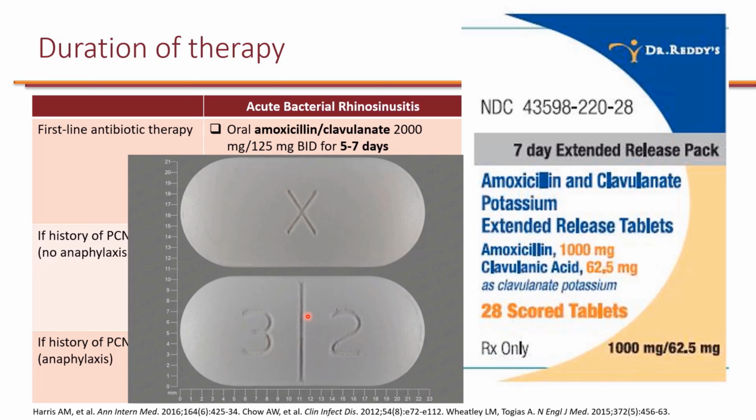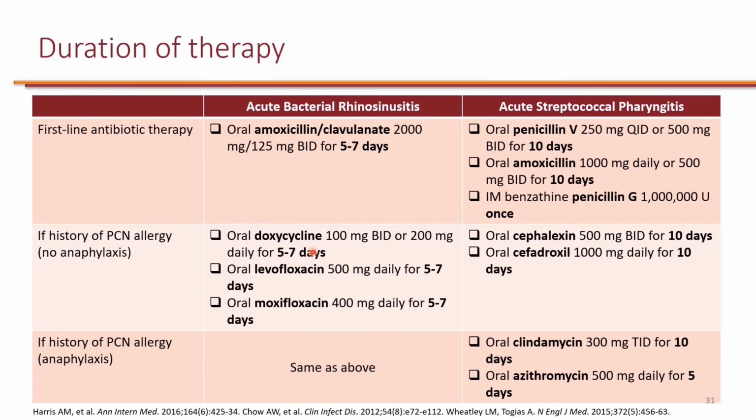This is a large pill, so they had to split it into 2 pills. Each pill includes 1,000 milligrams of amoxicillin and 62.5 milligrams of clavulanic acid. So 2 pills together make up the high-dose amoxicillin-clavulanate, which would be 2,000 milligrams of amoxicillin.